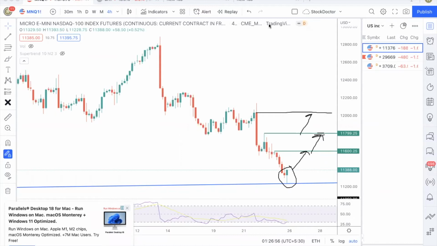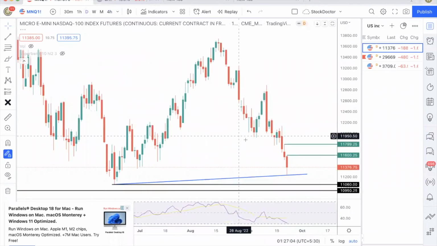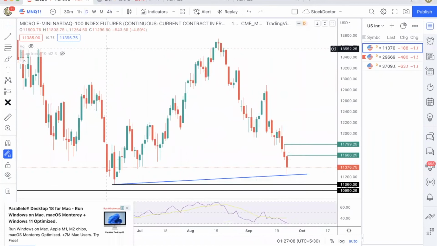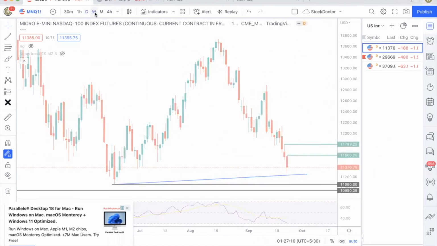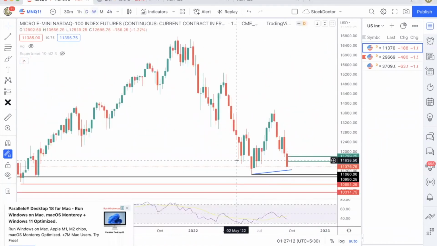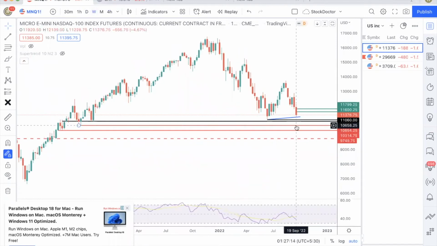Because see, the index has given a very big fall, and it needs a technical bounce. To get that technical bounce, these two levels are important. Now, if we see the weekly chart, you can see here, this week's closing is above the closing of the second week of June 2022.